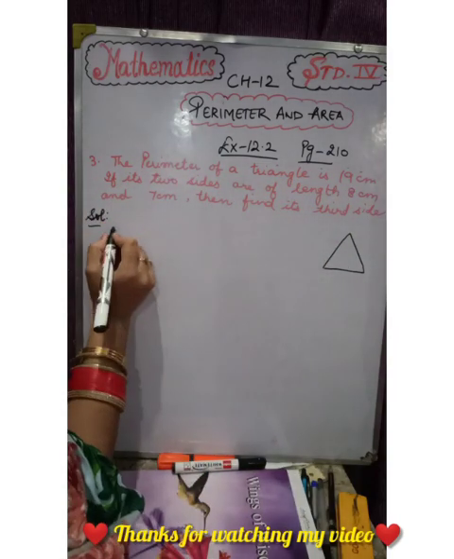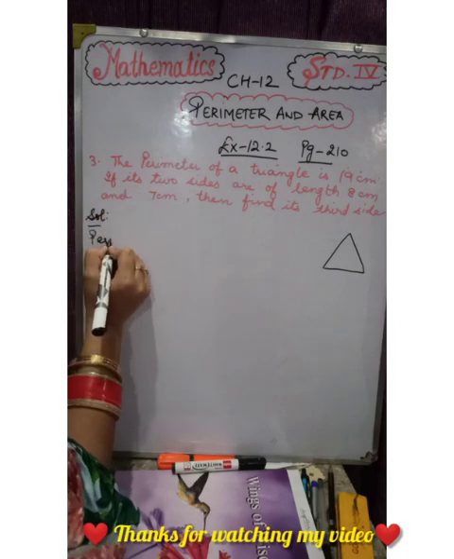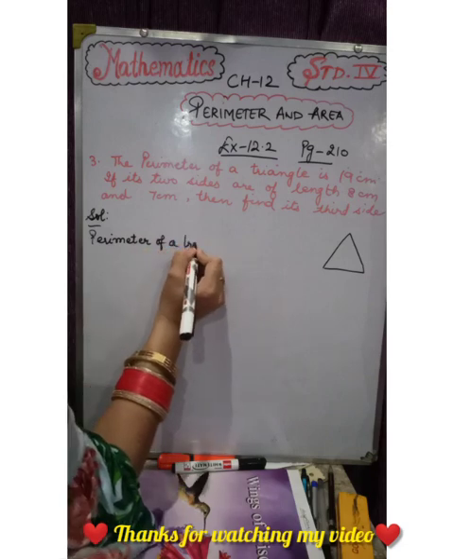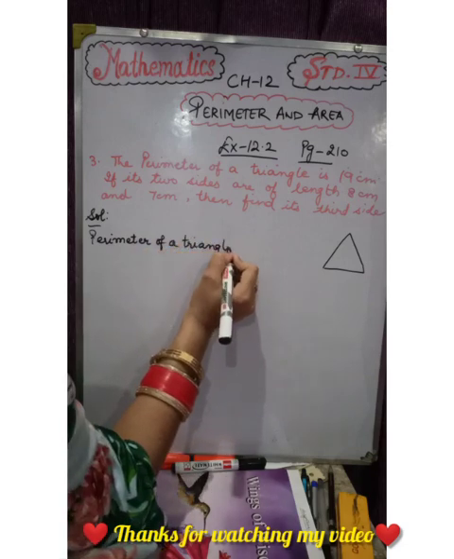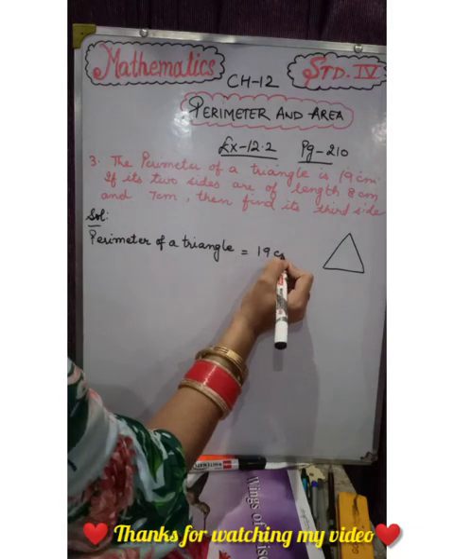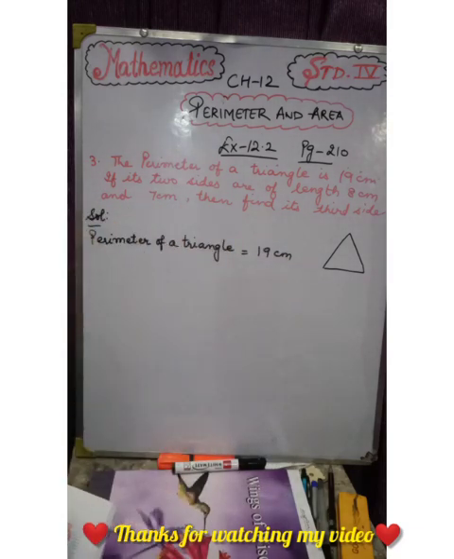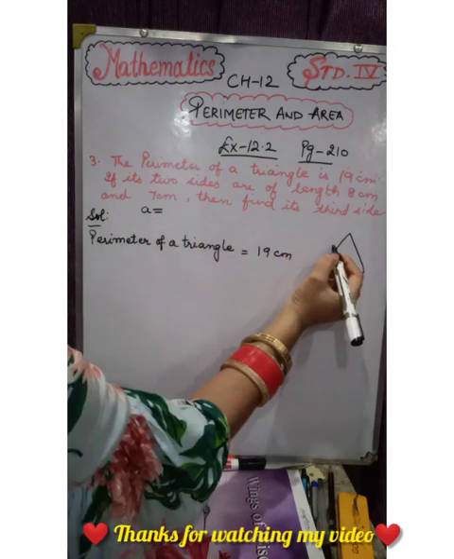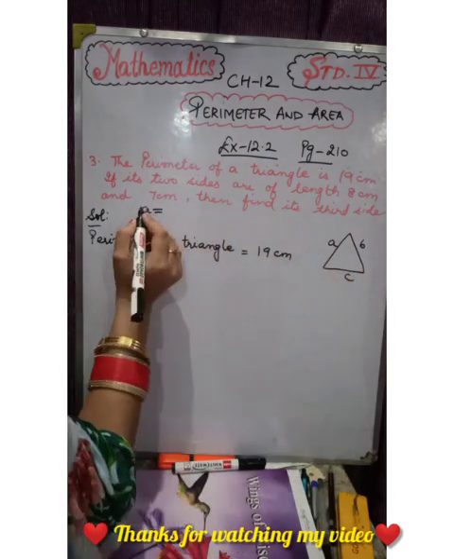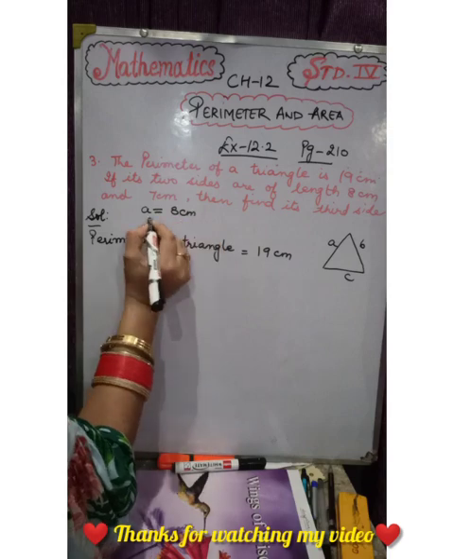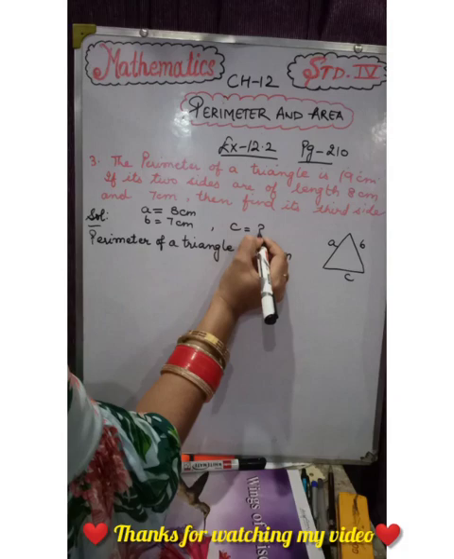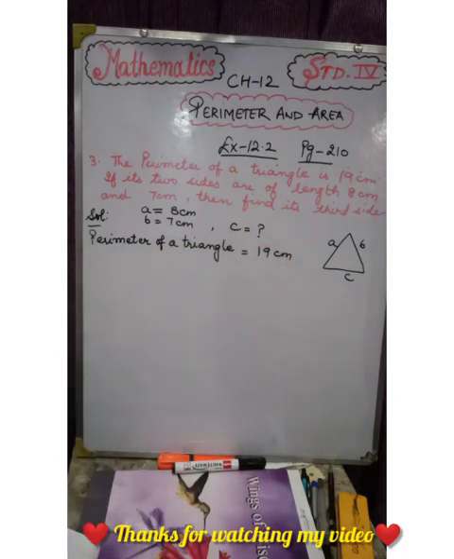So perimeter of a triangle is 19 centimeter. Let's write A, B and C. A is 8 centimeter, B is 7 centimeter and C we will calculate. We have to calculate third side.